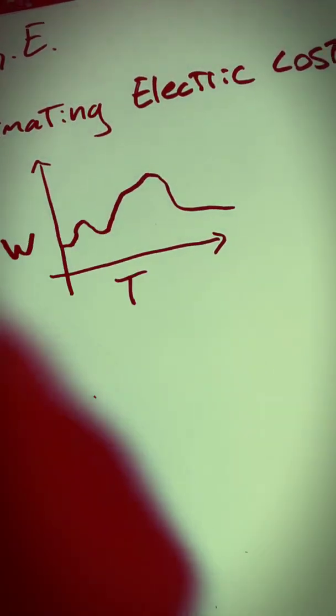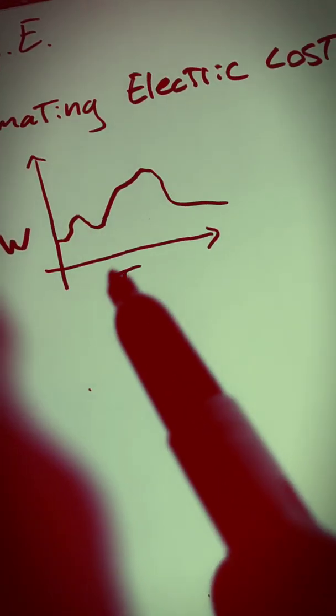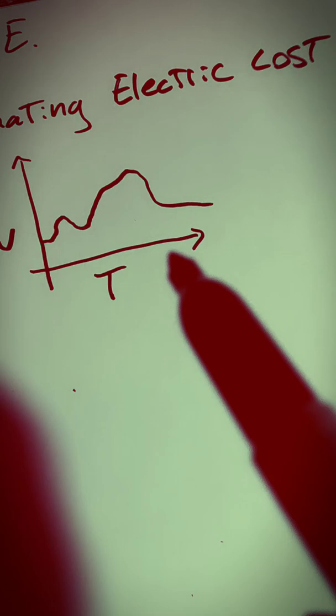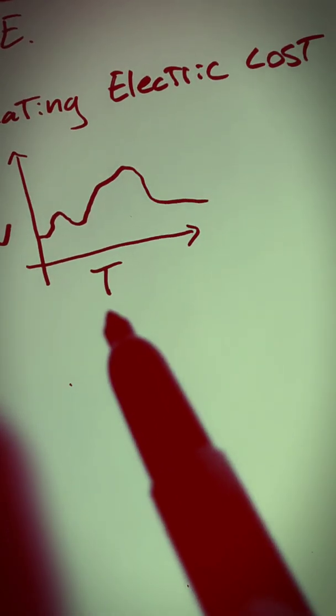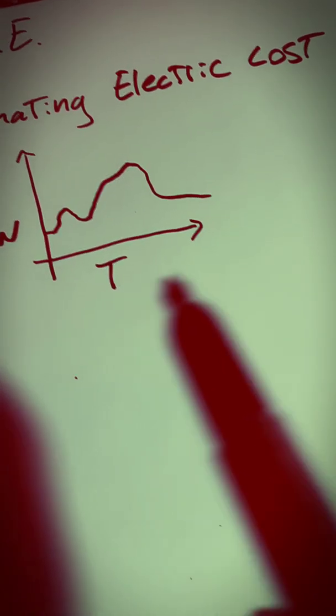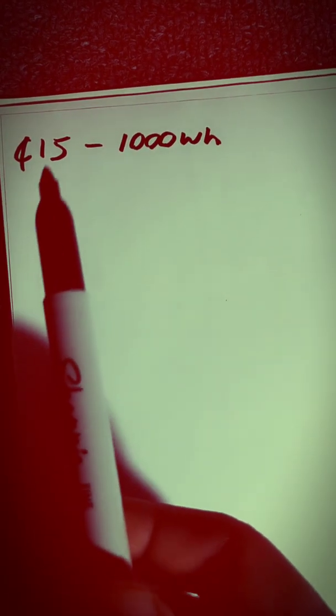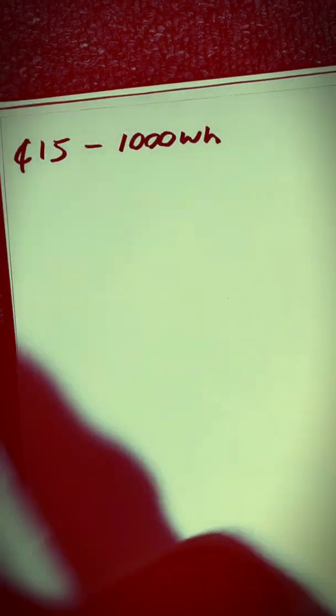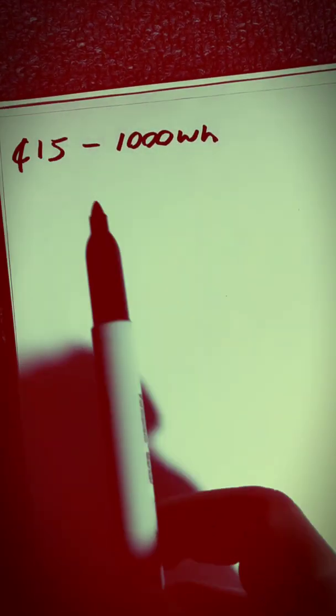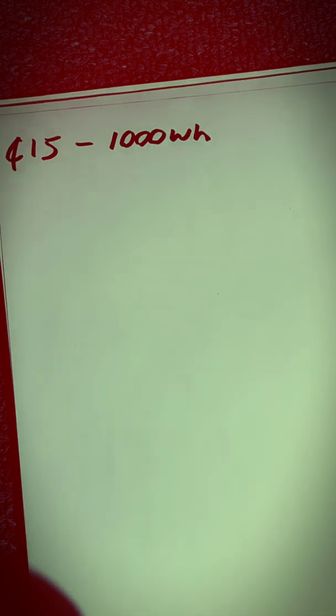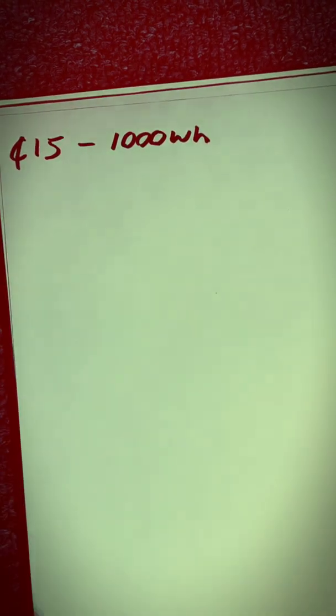We'll talk some more on that later, but what you need to do is find your electric bill and look for a number with a label next to it called kilowatt hour. So as an example, your bill will say 15 cents per kilowatt hour. Kilo means 1,000, so 1,000 watt hours. What that means is every time you run 1,000 watts for one whole hour, you pay 15 cents.